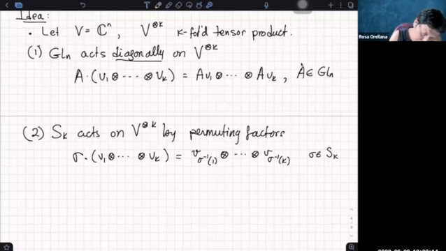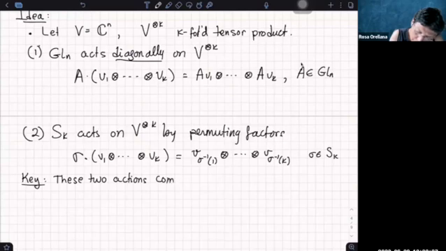So the key observation here is that these two actions commute. It doesn't matter if I apply the action of SK first and then act with GLN, or act with GLN first and then with SK; the output is going to be the same.